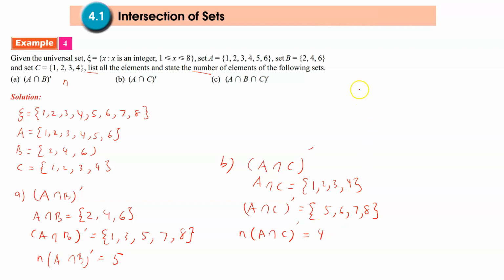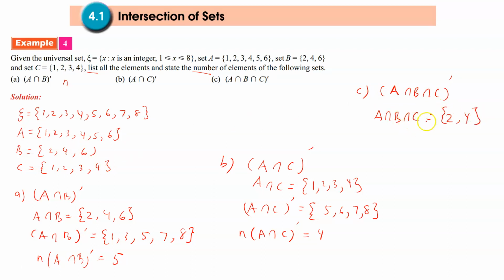And last but not least, C, dia minta A intersect B intersect C complement. Cari dulu A intersect B intersect C. A intersect B intersect C ada apa? 2 and 4.